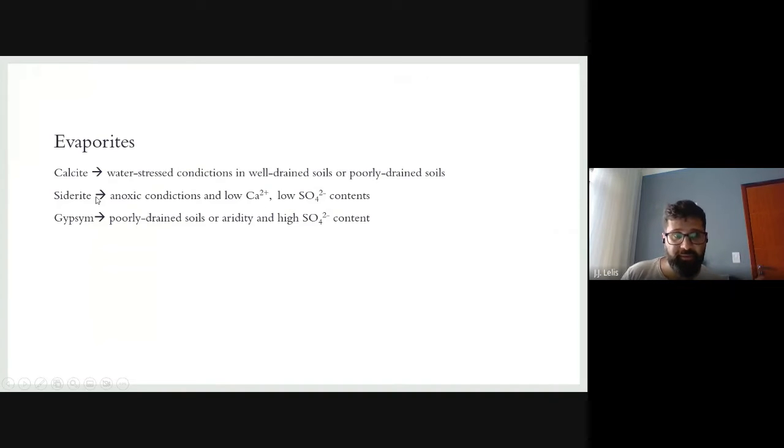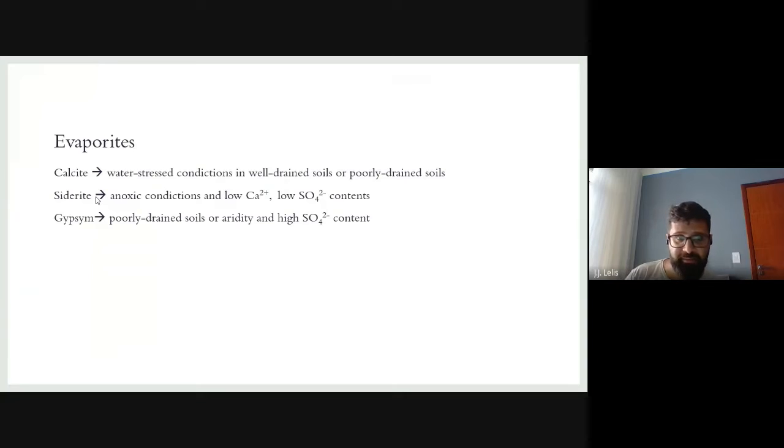So siderite is more commonly associated with areas that present a high water table and a high organic activity that produces a high pressure of carbonate inside the soil, and at the same time you have a high concentration of iron 2 inside the soil.